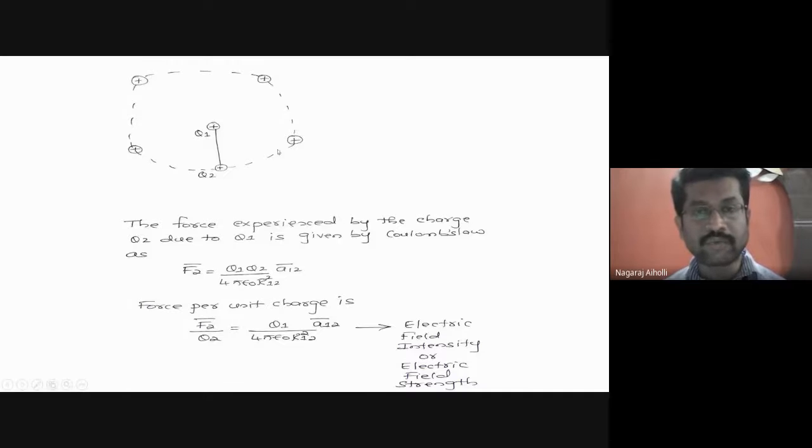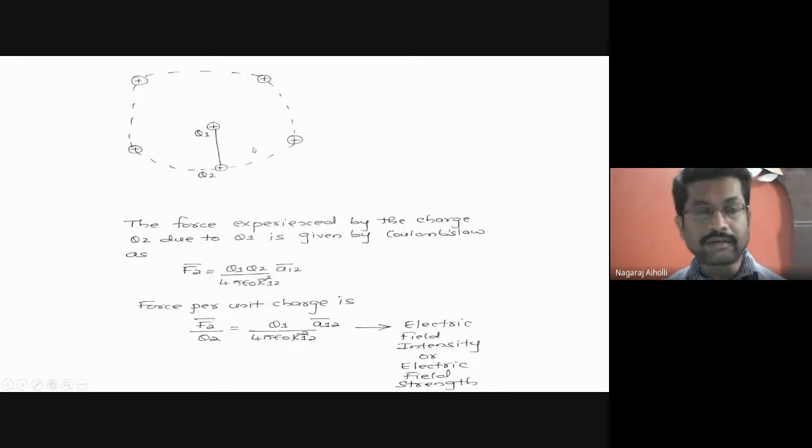Similarly, if I place one more charge here, this charge also experiences a force due to this charge Q1. Similarly, at other places, if I place some other charges, they are also experiencing some force due to this centrally placed charge Q1.